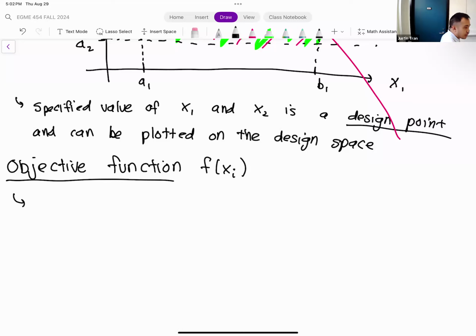And so the objective function is the mathematical tool that allows us to do that. It's a mathematical function that allows us to compare the performance or the result of certain designs compared to another.